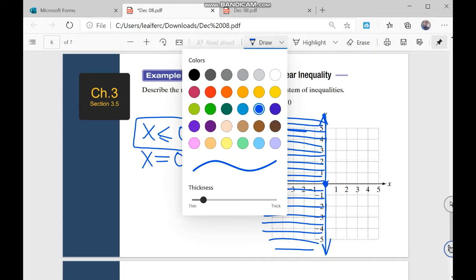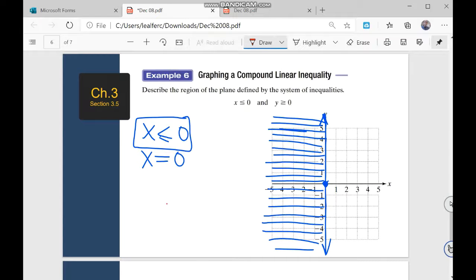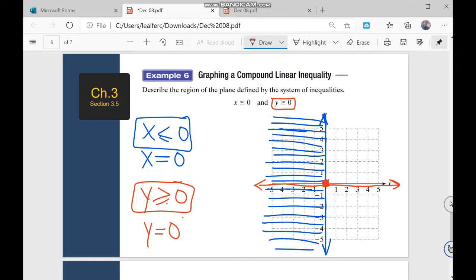Next one, let's use red. y greater or equal than 0. The related equation is this one: y equals 0. So draw the related equation. y equals 0 is right here, and it's going to be a horizontal line. y is greater than, that means shade everything above the line.